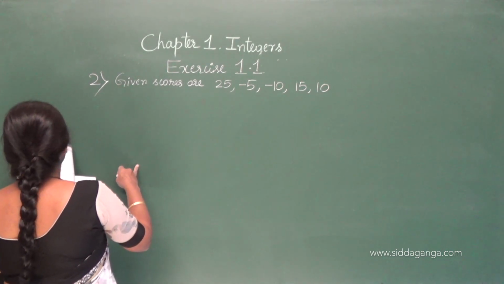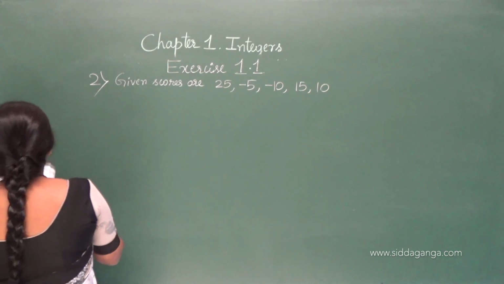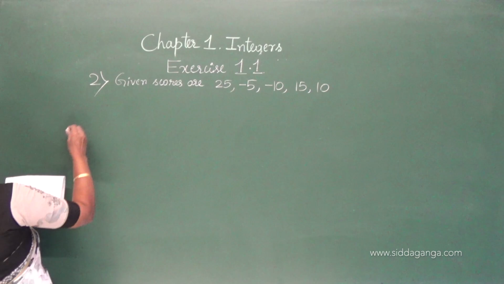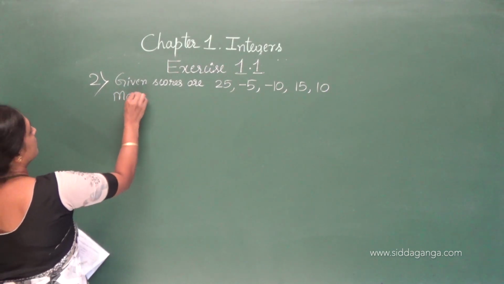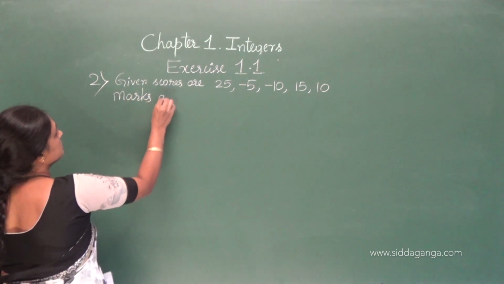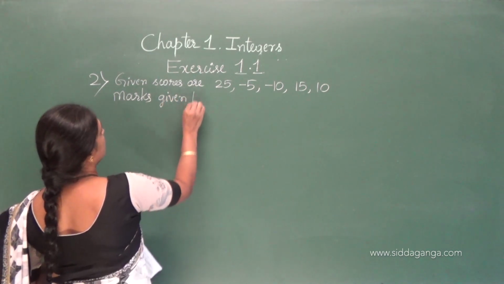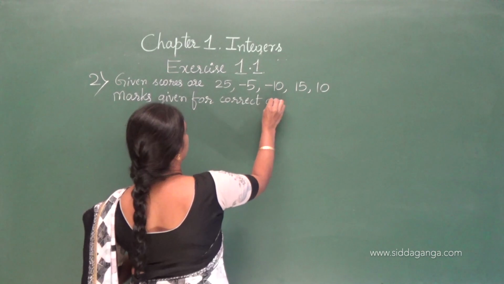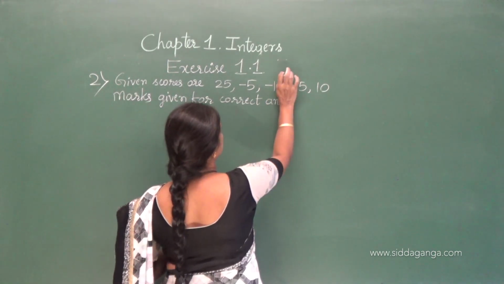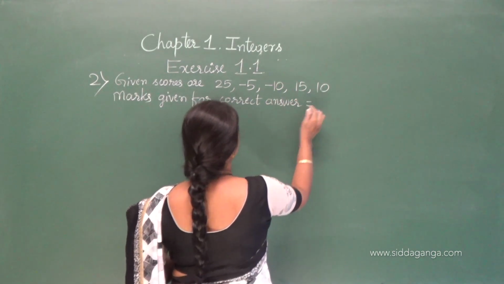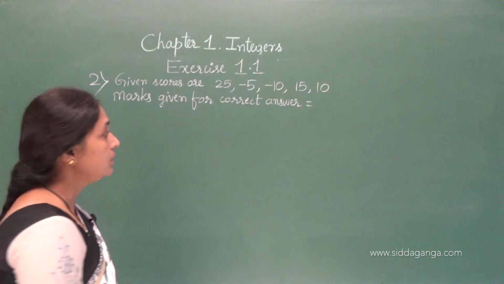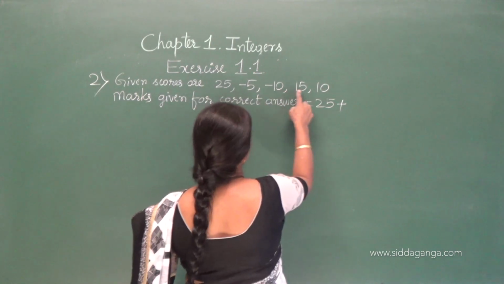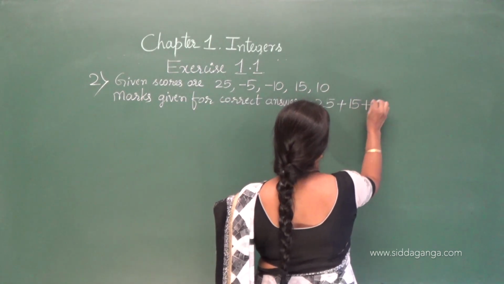Okay, so marks given for correct answers is equal to, we consider the positive numbers, that is 25 plus 15 plus 10.